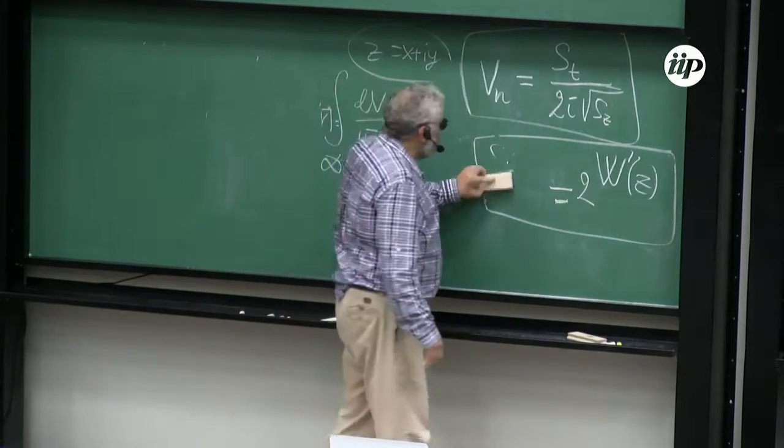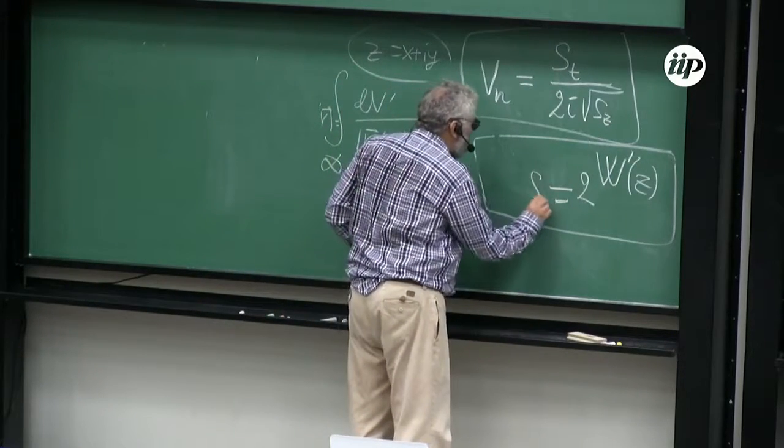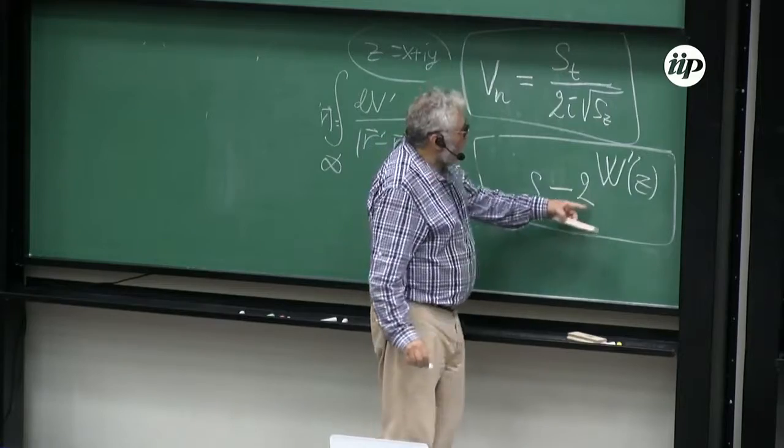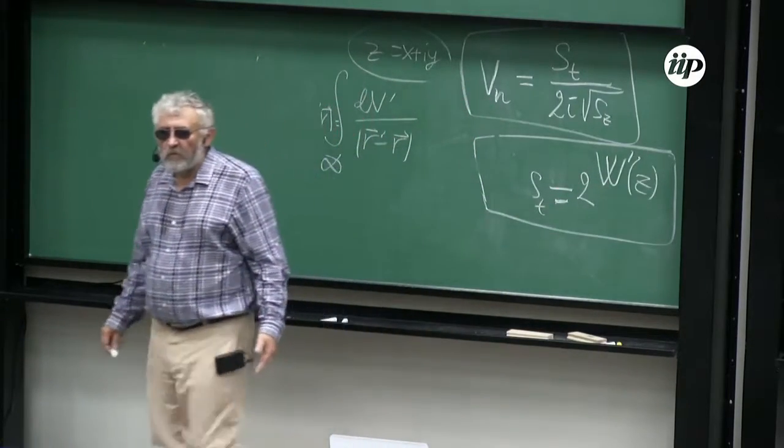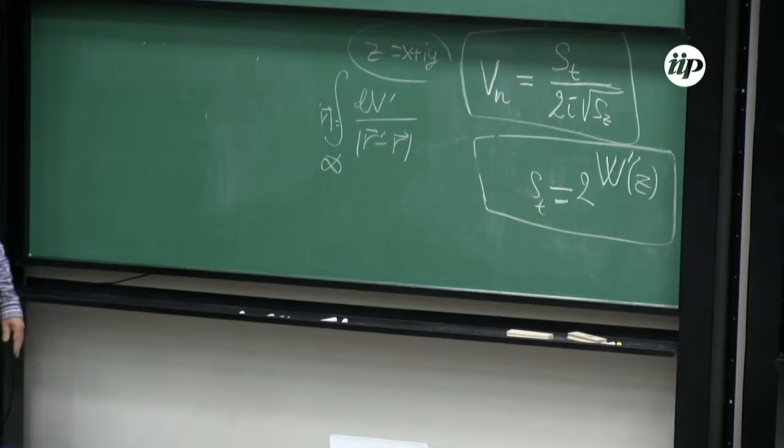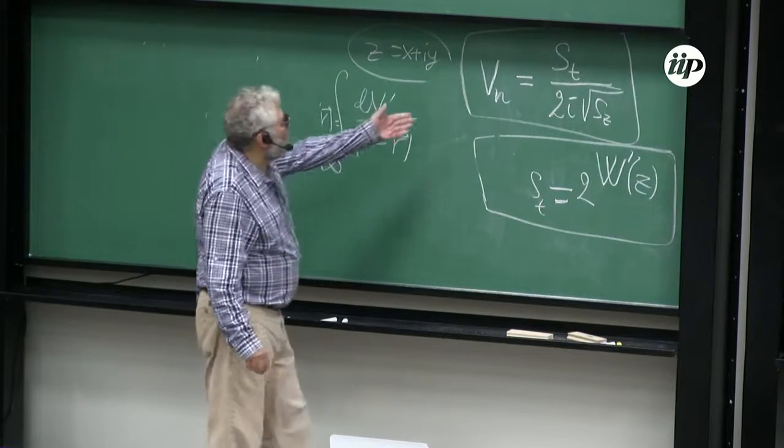This coefficient 2 is a very serious coefficient. Without coefficient 2, it would be just the velocity field itself. But coefficient 2 shows that something is strange and unexpected.